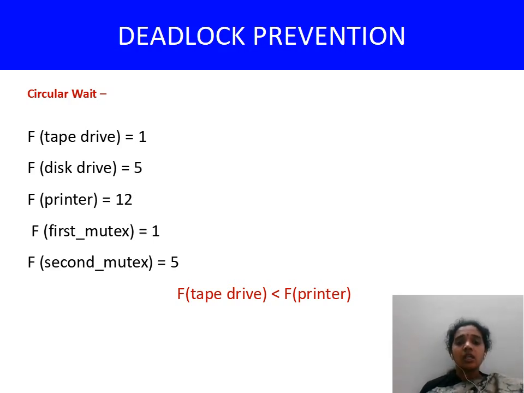In other words, in order to request the resources, a process must first release all the resources. So we check the condition i is greater than or equal to j. One big challenge in this scheme is determining the relative ordering of different resources.